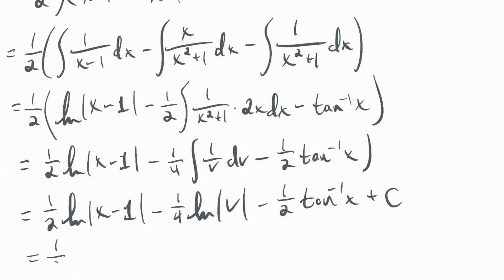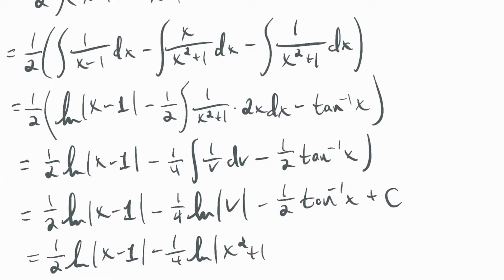So 1/2 ln absolute value x minus 1 minus 1/4 ln of x squared plus 1. In fact, you know what? We don't need absolute value bars here because this is always positive anyway. So let's do this. Right? X squared plus 1 can't be negative anyway.